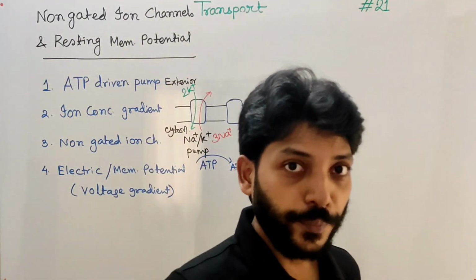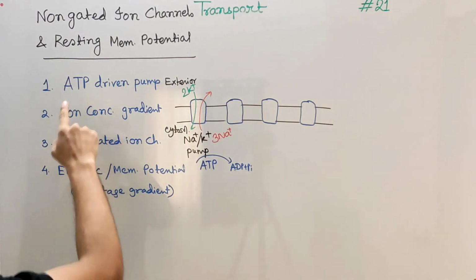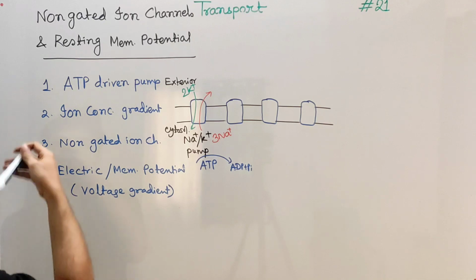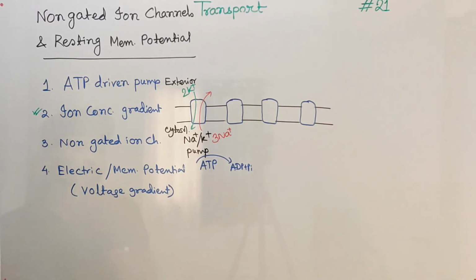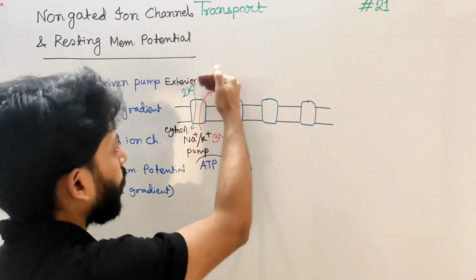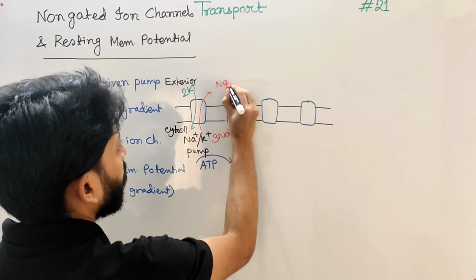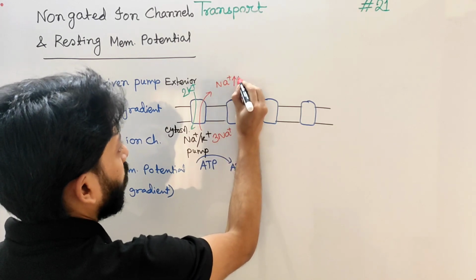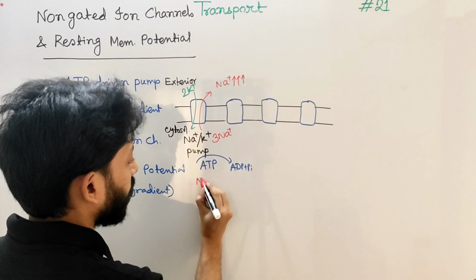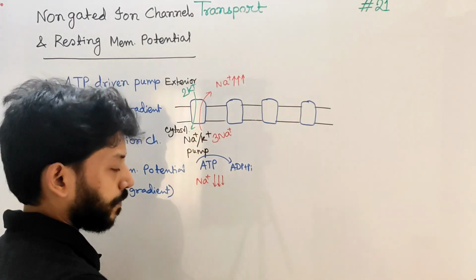Now, why am I mentioning the role of the ATP driven pump? Because this pump helps in the generation of ion concentration gradient. As you can see, this pump is exporting sodium out of the cells, so the concentration of sodium outside will start to increase, and simultaneously the concentration of sodium inside in the cytosol starts to decrease.